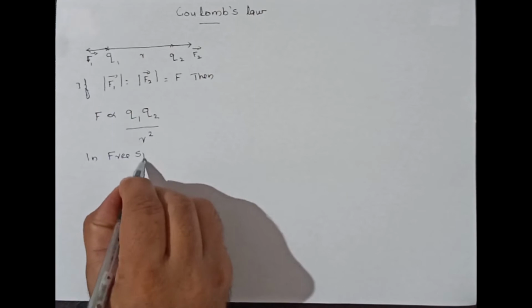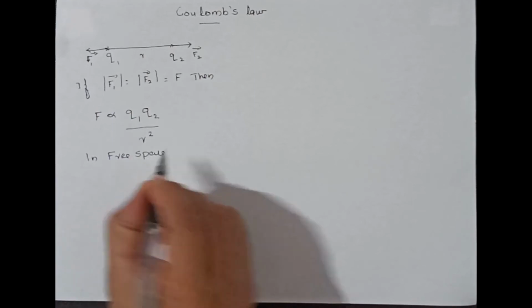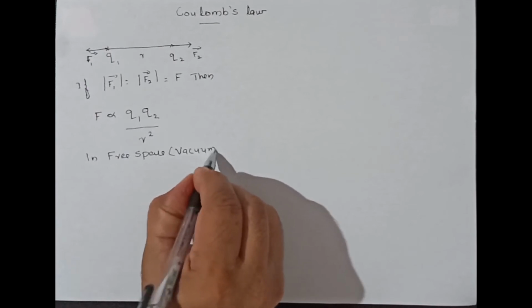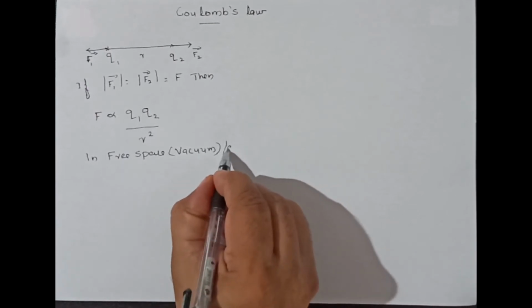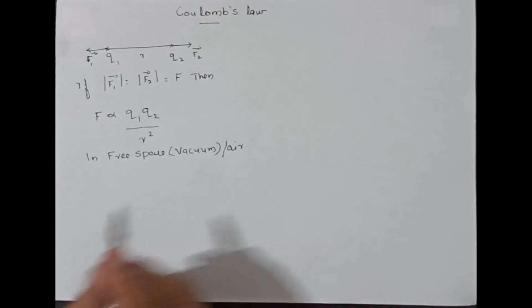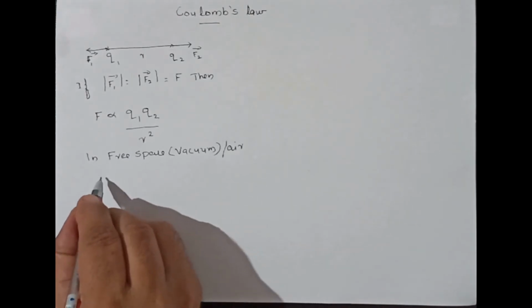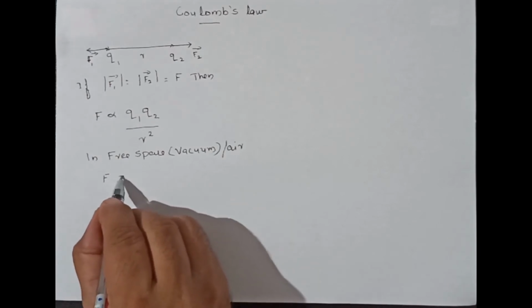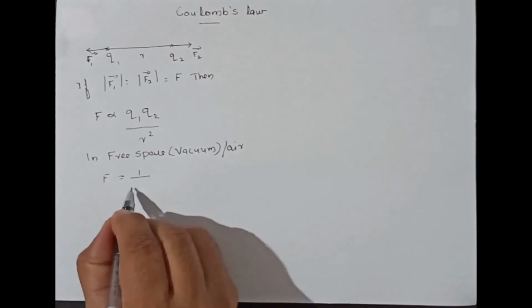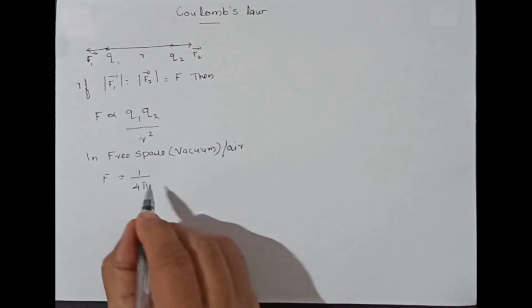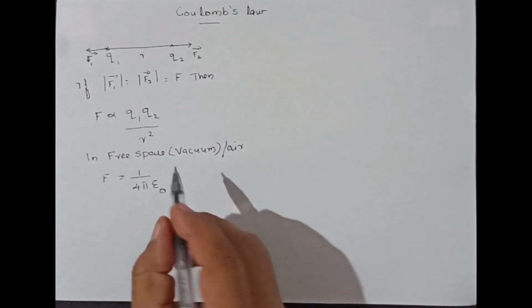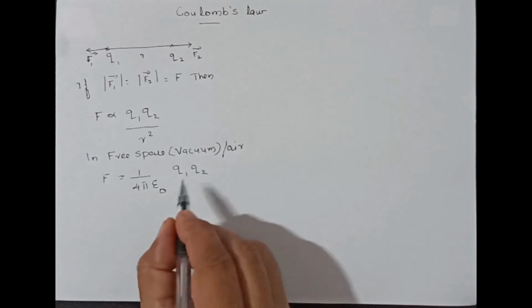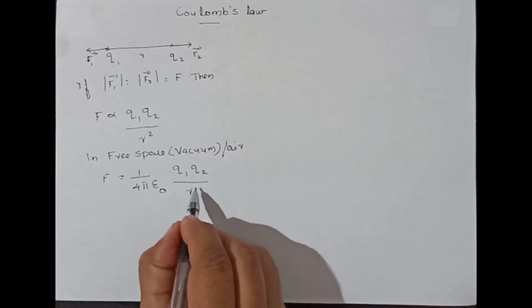Now, in case of free space, or even in case of air, we can write F is equal to 1 upon 4 pi epsilon naught, Q1 Q2 over r square.